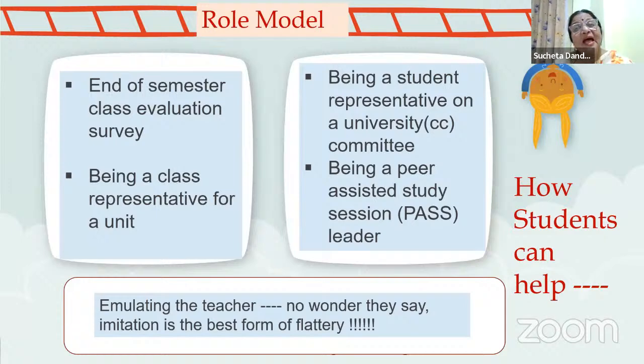Now the NMC is also recognizing the students as representatives, because they have said that as a part of the curriculum committee, we should have a student representative. So somewhere that idea of student as a partner, student as being allowed to have a say is there.